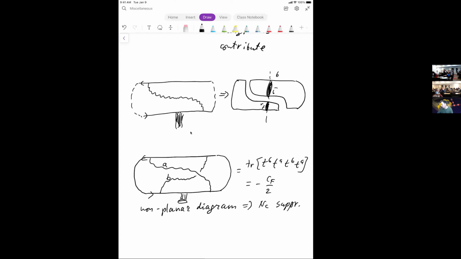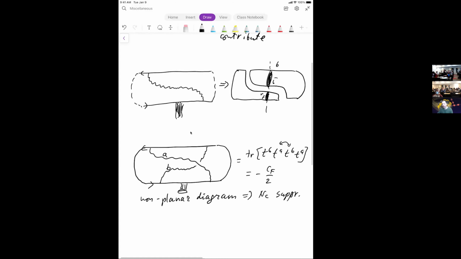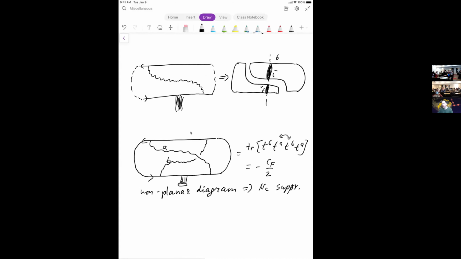You can just commute these two guys and either get a trace of 3 matrices which is tabulated, or after you commute them, you get TB, TB, TA, TA, and you use the fact that TA, TA is a Casimir of the representation. Okay, are you guys on the same page? I really can't see.